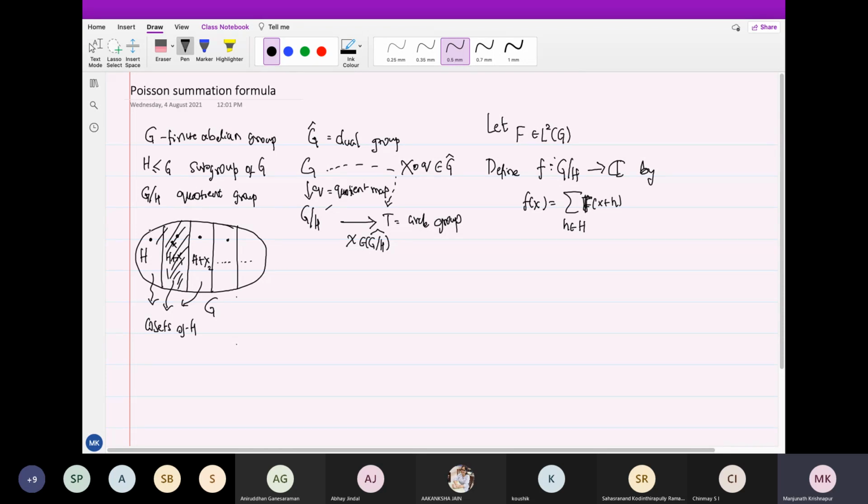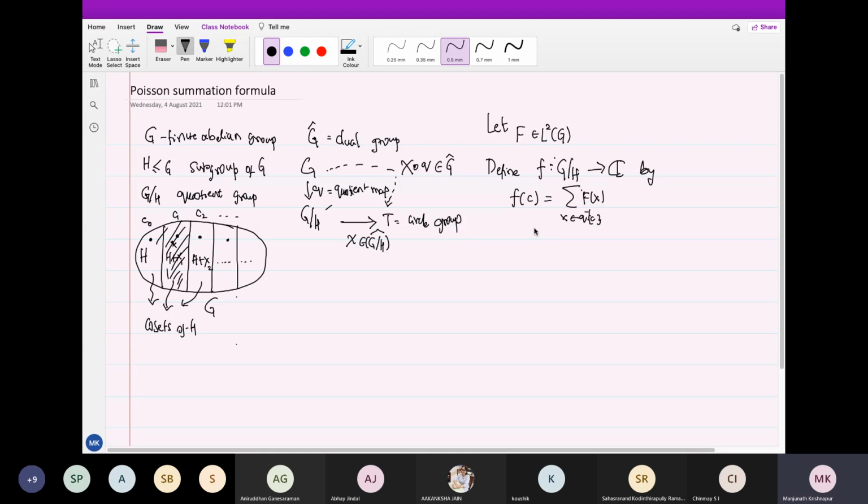If you give these cosets names C0, C1, C2, etc., I am defining a function. Sorry, I just fixed the notation, so let me say it again. Let's write f of a coset. The coset is one of these sets. So let's say f of c will be just the sum of capital F over this entire set, over x in that coset, or if you want x in q inverse of c.